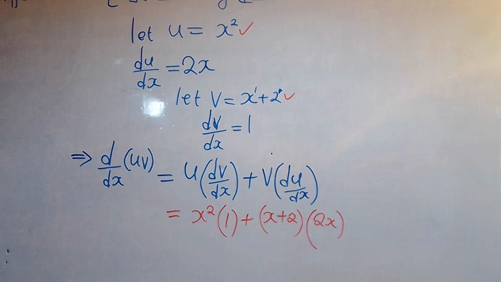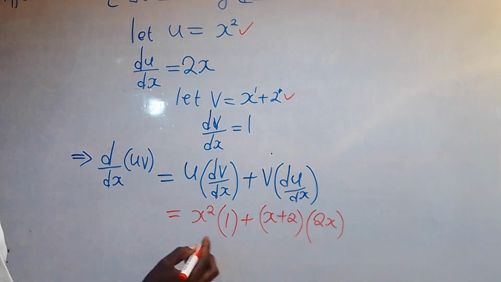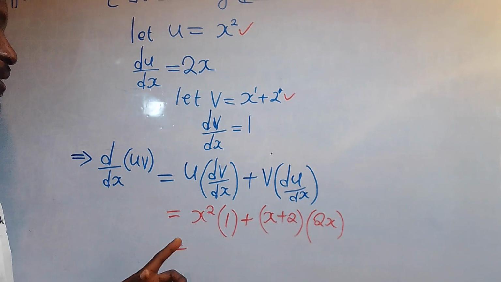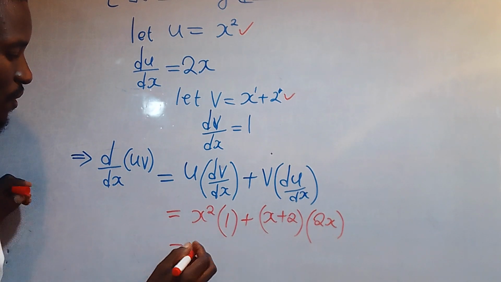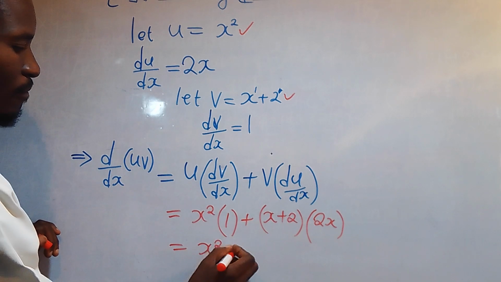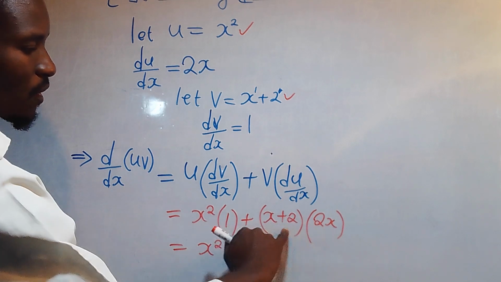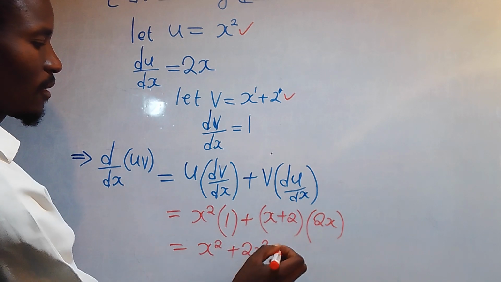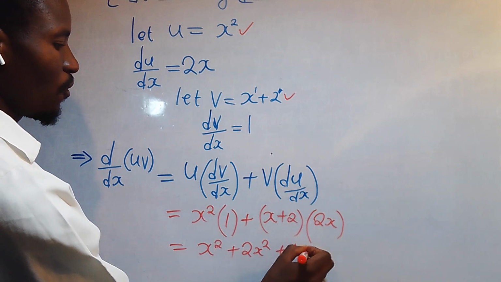From there, at this stage, we can simplify. This times this is just x squared, plus now this times this is 2x squared plus 4x.